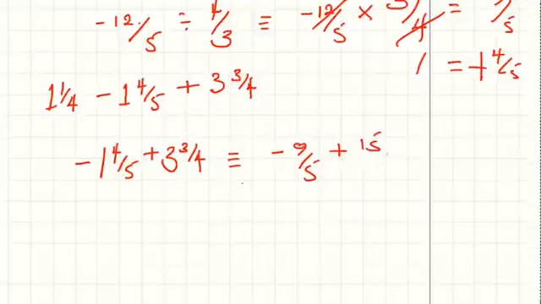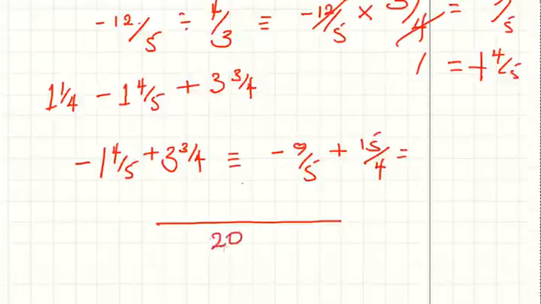So the LCM of 5 and 4 is 20. So we have 20 divided by 5 is 4. 4 times negative 9 will give us what? Negative 36, plus 20 divided by 4 is 5.